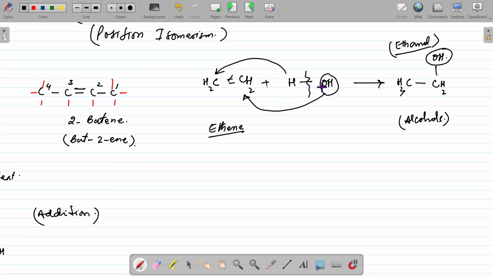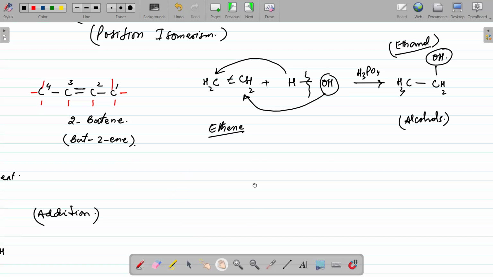Remember, this reaction takes place in the presence of a catalyst, which is H3PO4, phosphoric acid, used as a catalyst in this reaction. So all these addition reactions show that the double bond will break down and the molecules will add on each carbon atom because vacancies are created on every carbon atom.